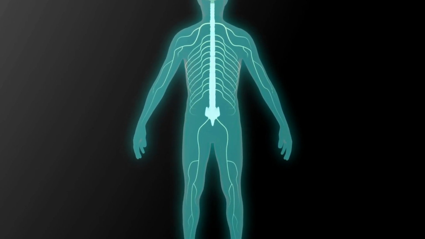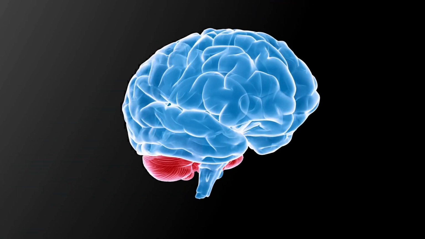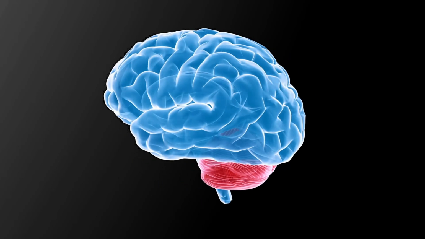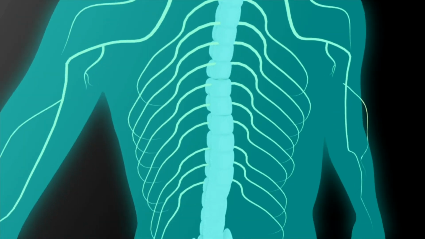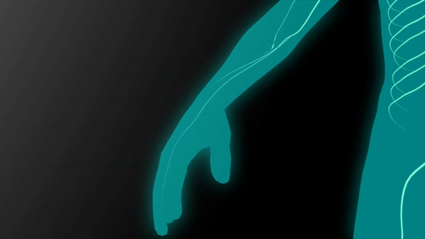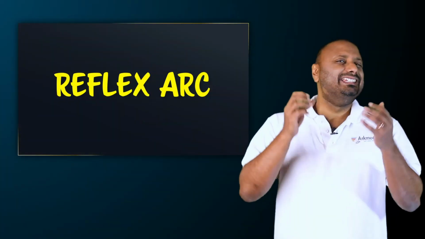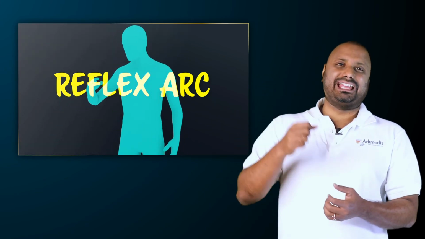The spinal cord then sends the message to the brain. The brain processes the information and decides what action to be taken. The brain then gives a command to the hand via the motor neuron. The effectors are present in the muscles of the arm, and they work to remove the hand from the hot water. There are a lot of things that happen inside our body before we pull that hand out.